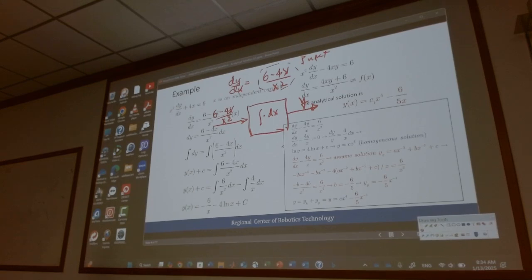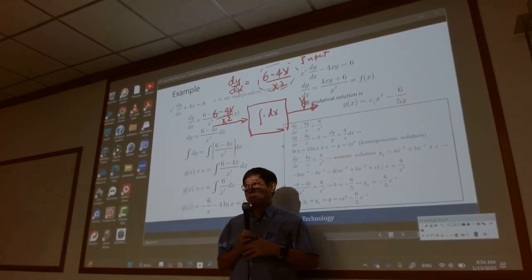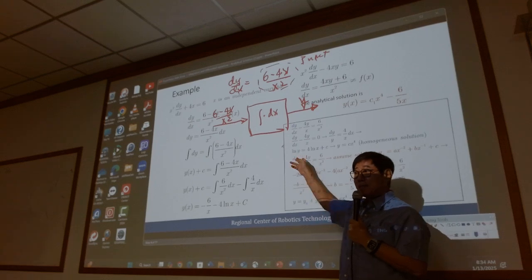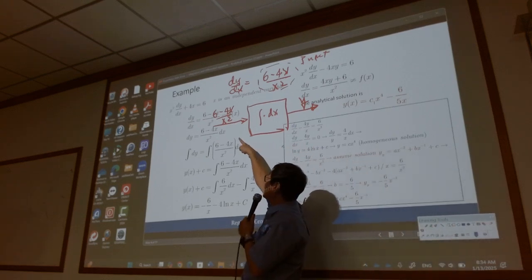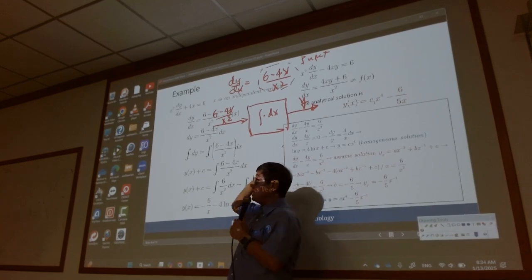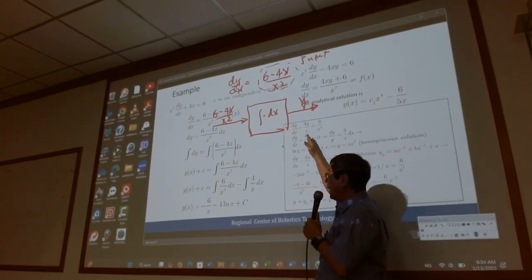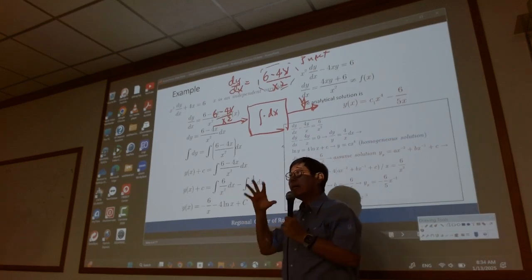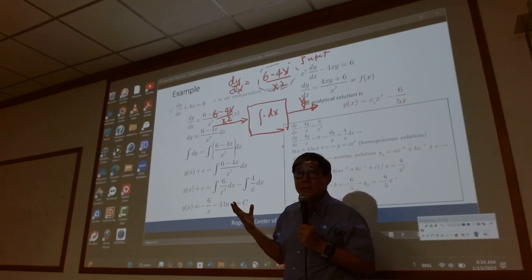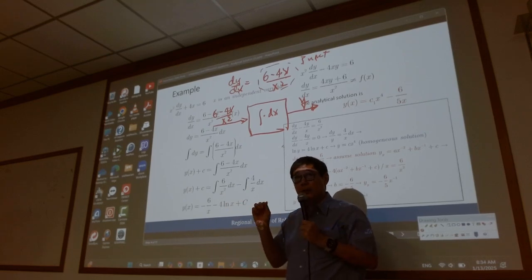Okay? So if you integrate this one, you have this one. You have to make sure that this is integratable or not. If it can be integrated, I can find the solution. If it cannot be integrated directly, you can try to modify it into what?